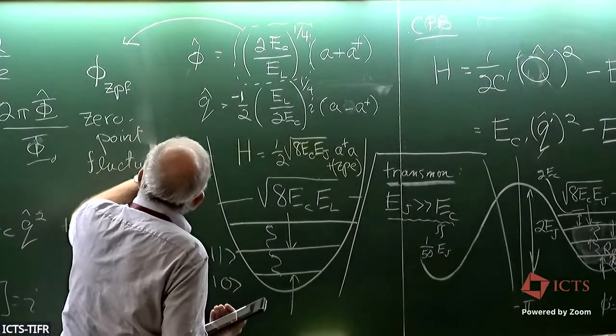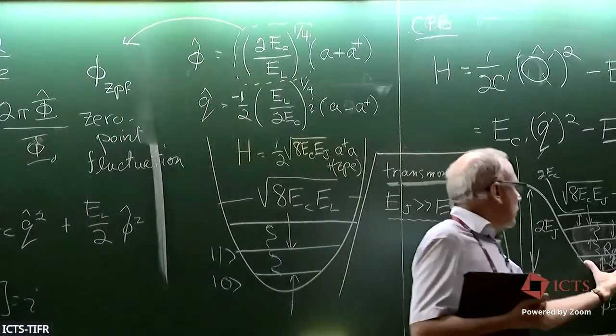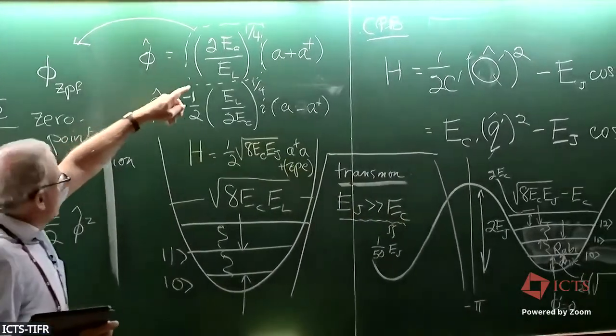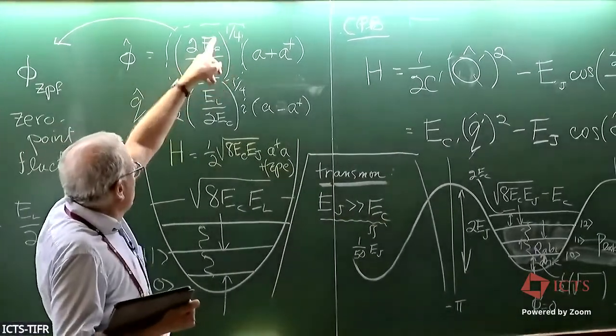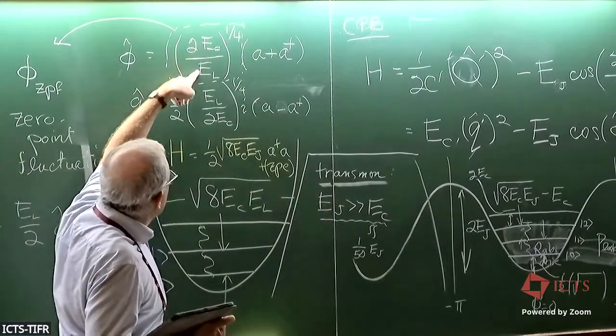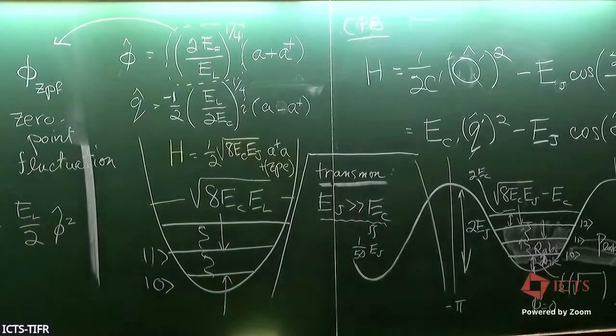And it means that if you've written this out, this coefficient already tells you how wide this wave function is. So it is indeed a small parameter. See, I've said that we're interested in the regime EC much less than EL. So this is a number much smaller than 1, so confirmed.